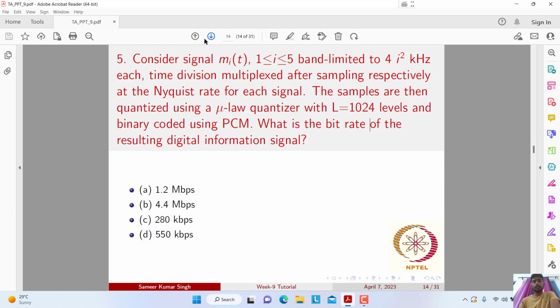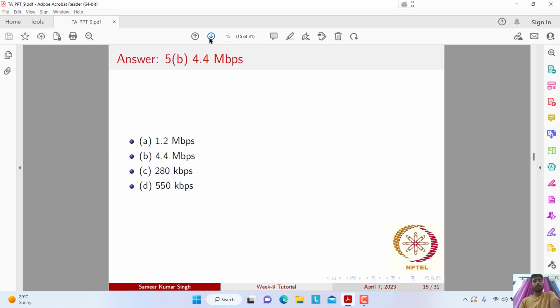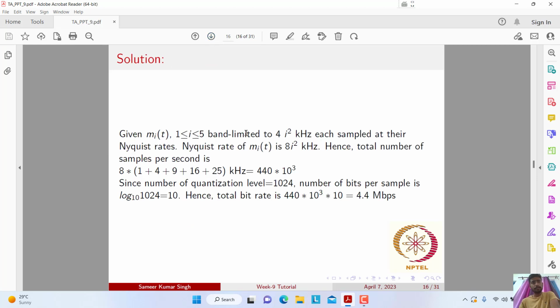Okay, we will go over the solution. The answer will become 4.4 Mbps. As I told you, first of all we have mi(t), where i varies from 1 to 5, band limited with frequency 4i kHz.